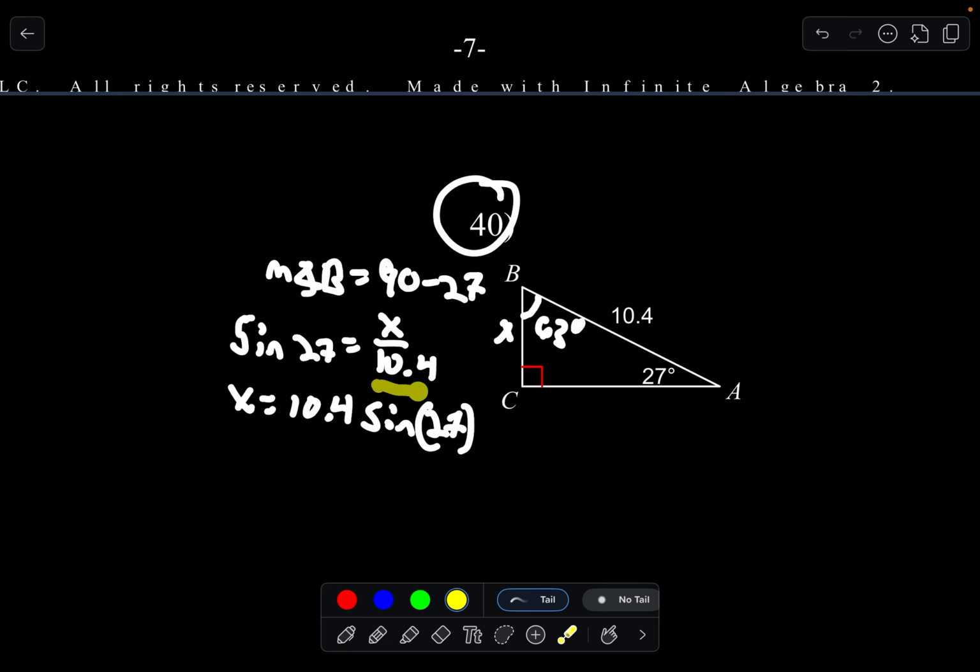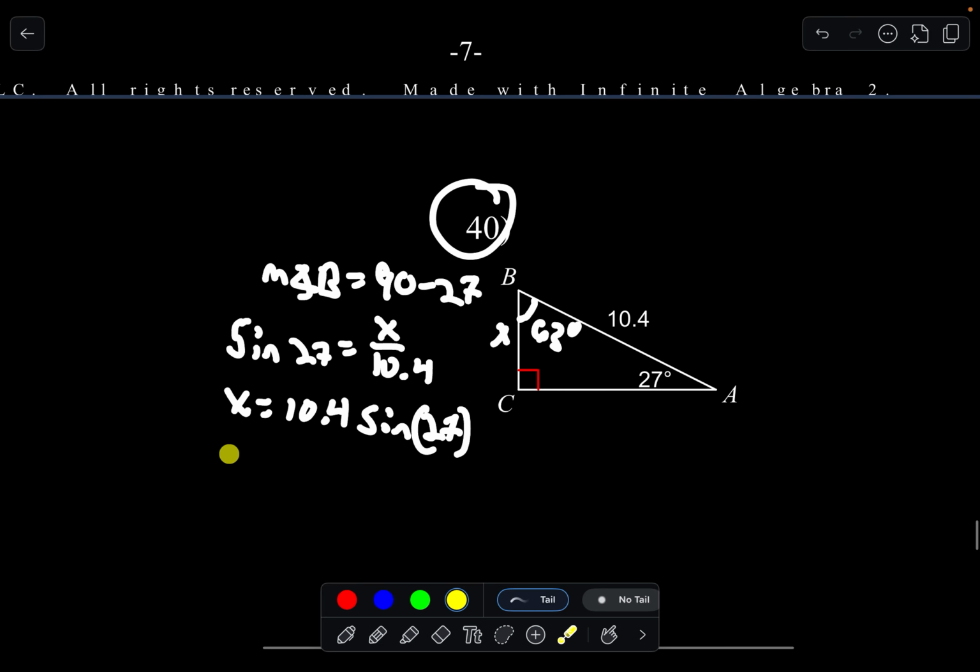I just multiply both sides by 10.4 to get x by itself. And so I just have to evaluate what 10.4 times sine of 27 is. On my handy dandy calculator that's in degree mode, it says it's 4.7. So we know the measure of BC is 4.7.